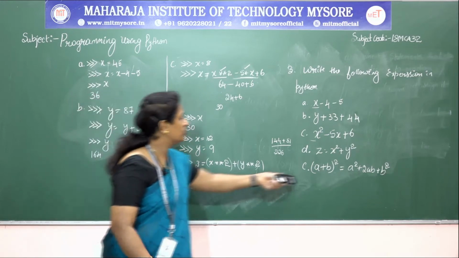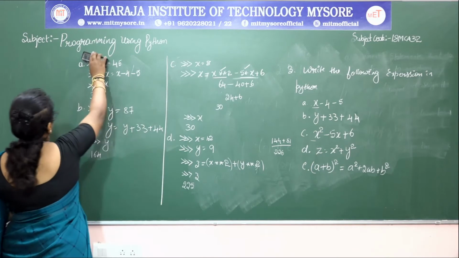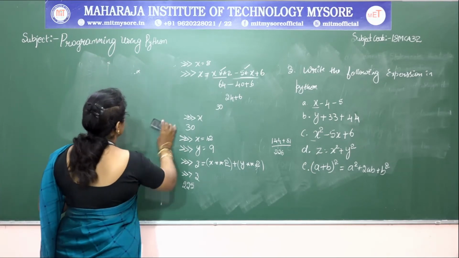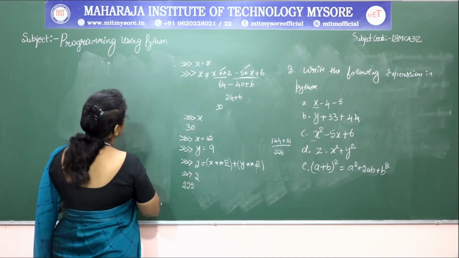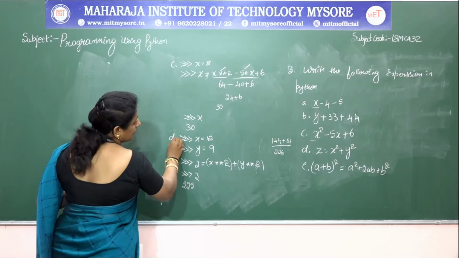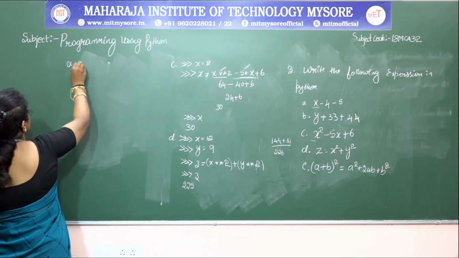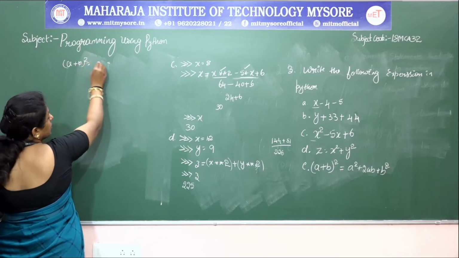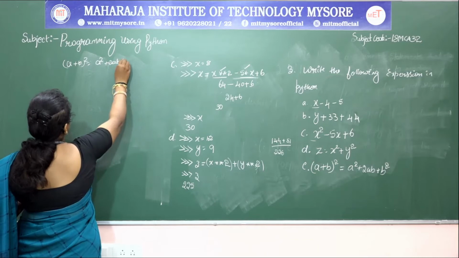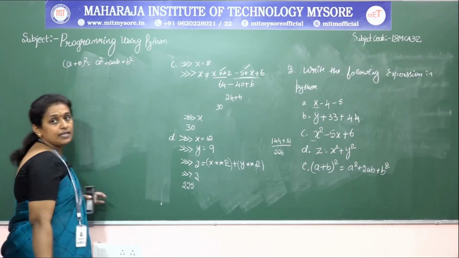Okay, we need to go with this last one also. A plus b whole square is equal to a square plus 2ab plus b square. This is the elaborated form of a plus b whole square.